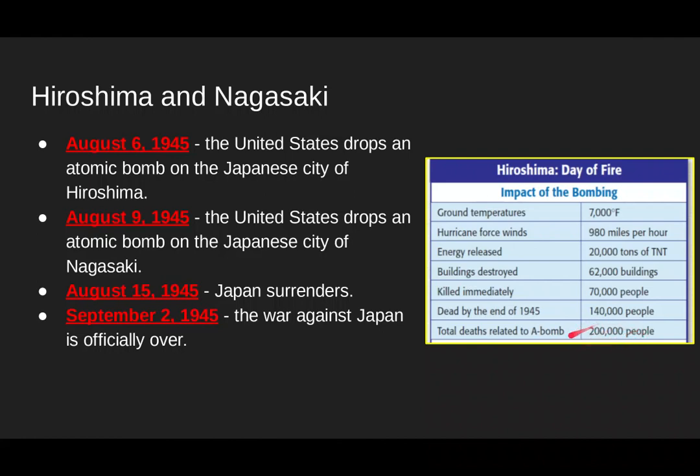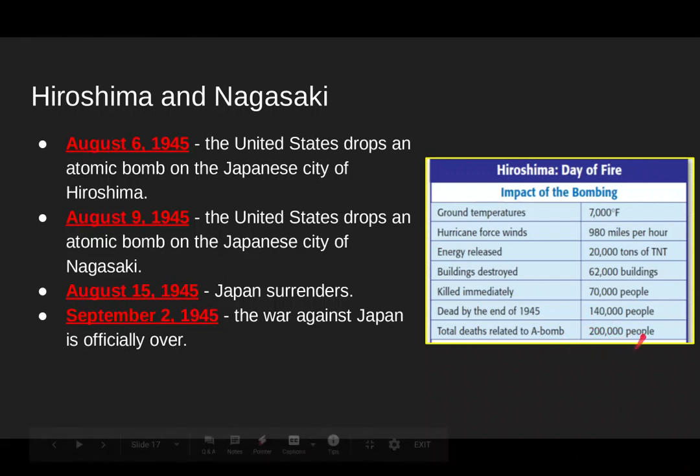And that might even be a low number. It might be a little bit higher when the final death toll is counted.